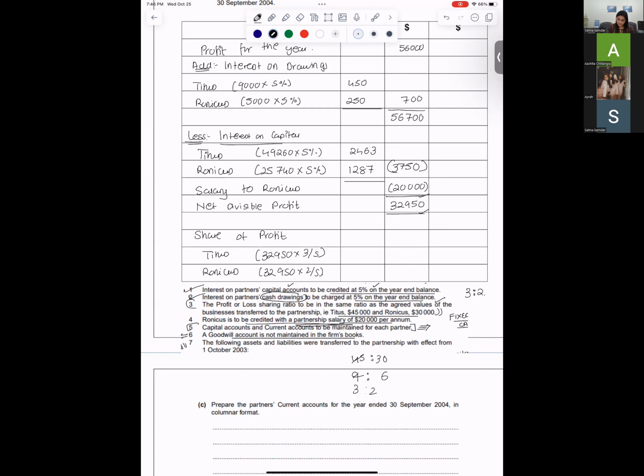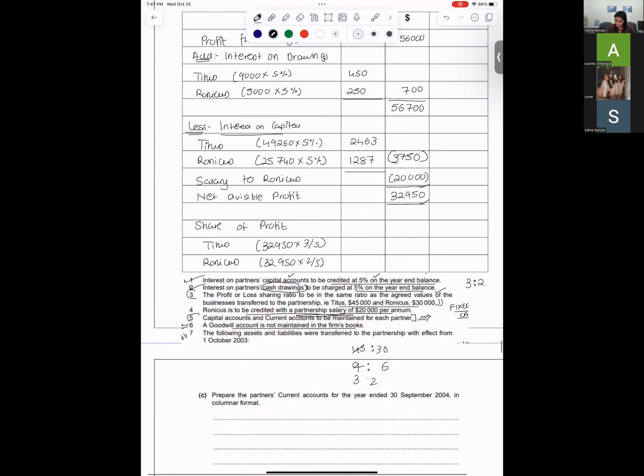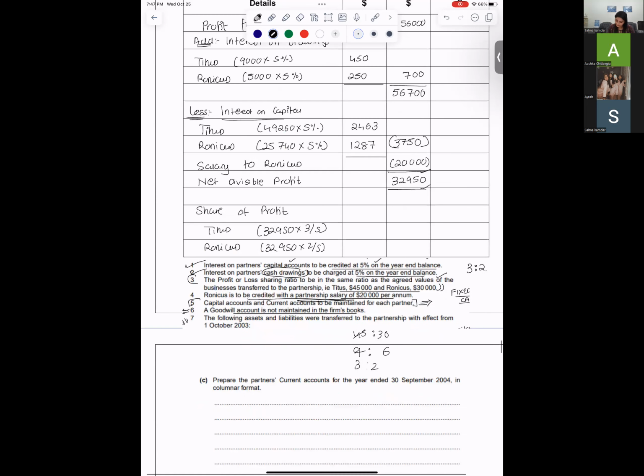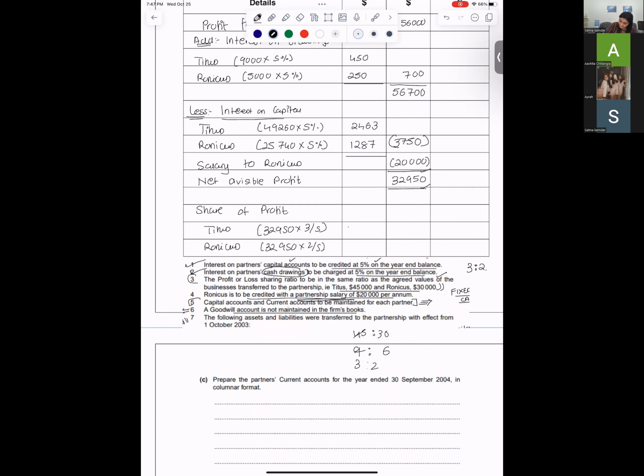And then for Ronicus, it's going to be 13,180. So this total is coming up to 32,950.